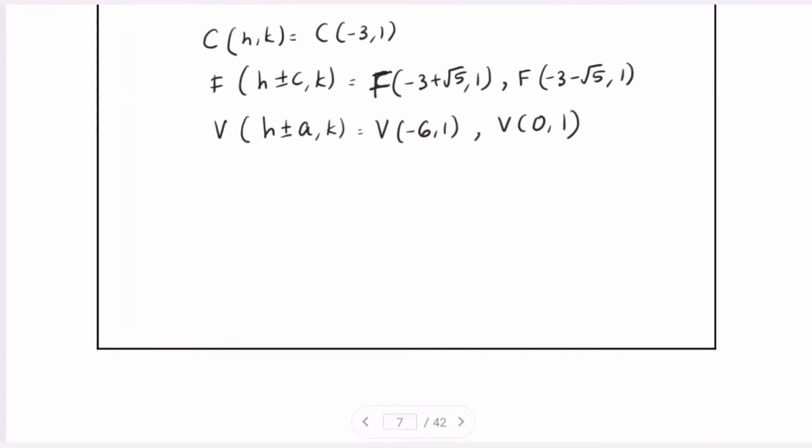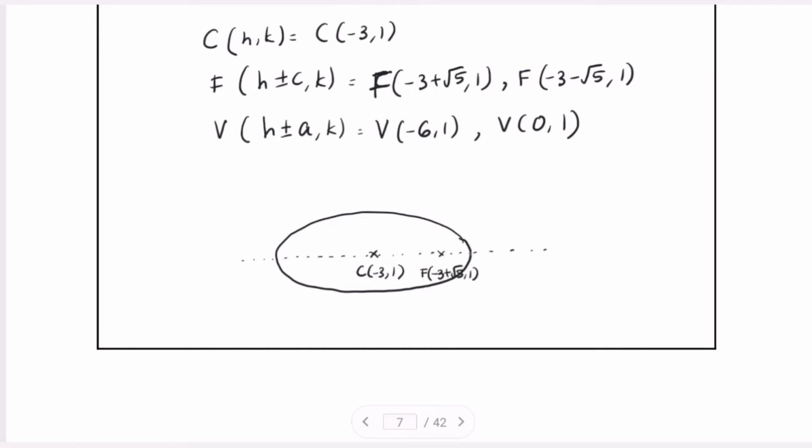Next is to sketch the graph. We already know the shape. It's like this. You have to make sure the coordinates are aligned. So the center will be around here, (-3, 1). And the foci is here, (-3 plus root 5, 1). And the vertex will be over here, which is (0, 1).